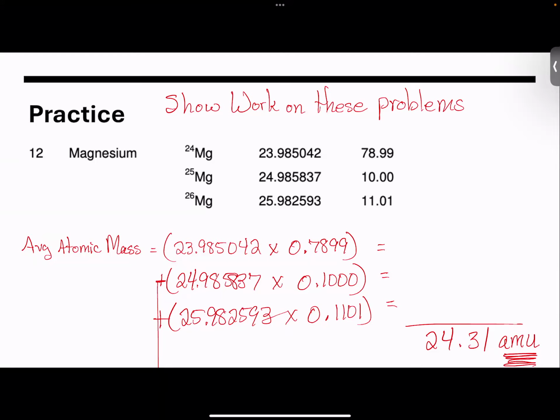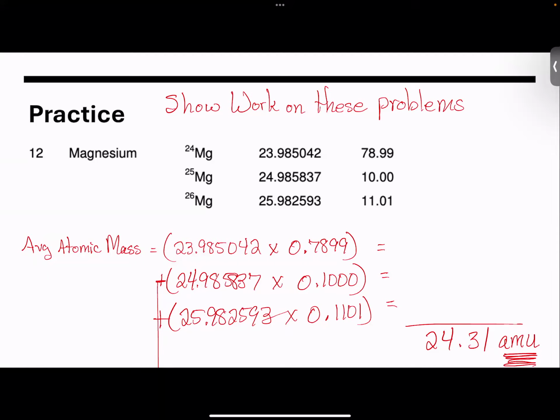When you look at a periodic table, the values on that periodic table are technically atomic mass units, AMUs.